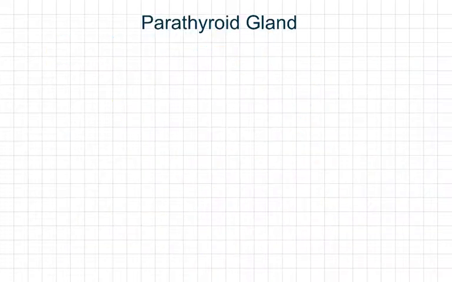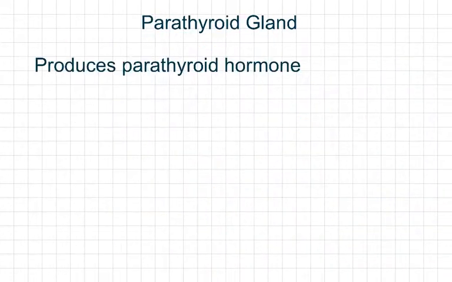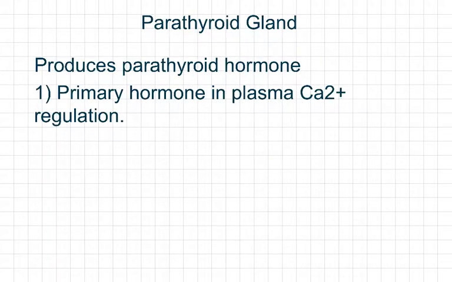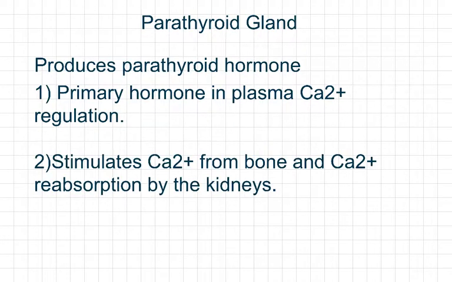And so the next gland is the parathyroid gland. This gland produces the parathyroid hormone, and this hormone is responsible for a couple of different things, which are as follows. The first thing we see with the parathyroid hormone is that it is the primary hormone in plasma calcium regulation.